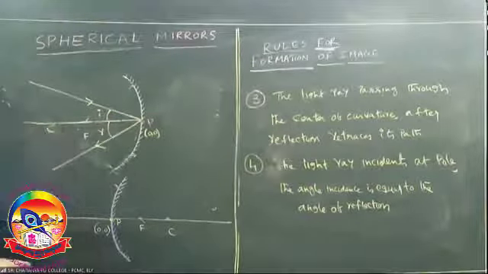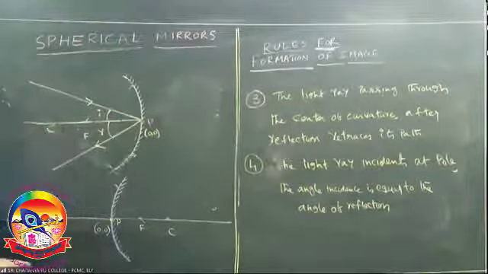I am borrowing this concept from mathematics. If these are theta, then this angle becomes how much? 2 theta, because it is the exterior angle. Angle of incidence, angle of reflection, alternate angle concept, and the sum of the interior angles is equal to the exterior angle.